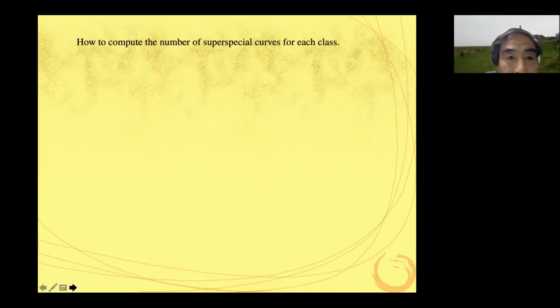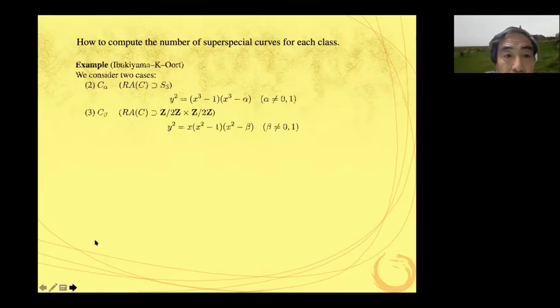Anyway, I will show how to compute the number of superspecial curves for each class. I will show only an example, but we consider two cases.